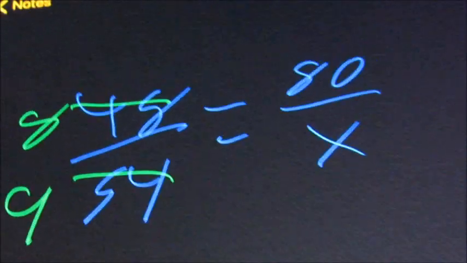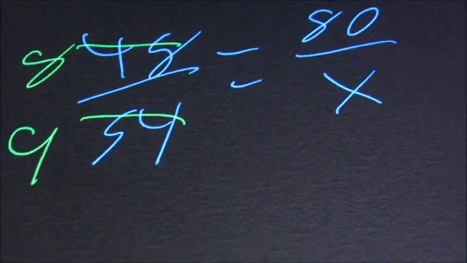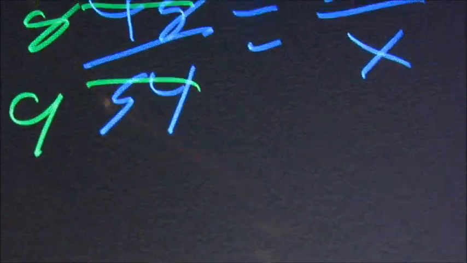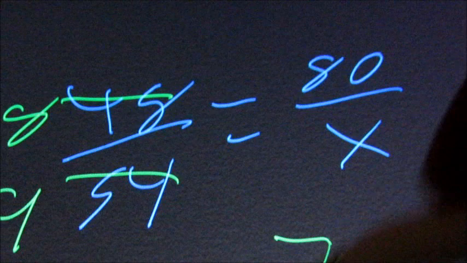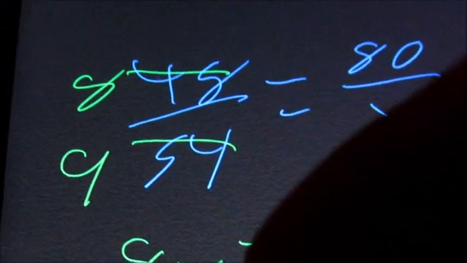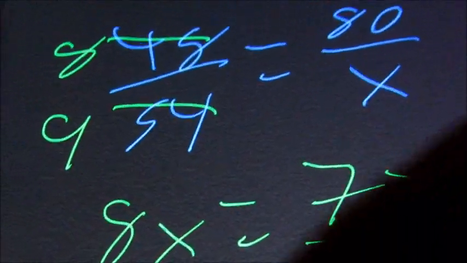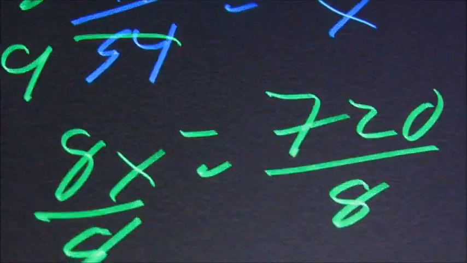The 8 and the 80 can. First I'm just going to do it the way it is, and then I'm going to do it by simplifying again. So 8 times x is 8x equals 9 times 80, which is 720. Divide both sides by 8 and get x equals 90.